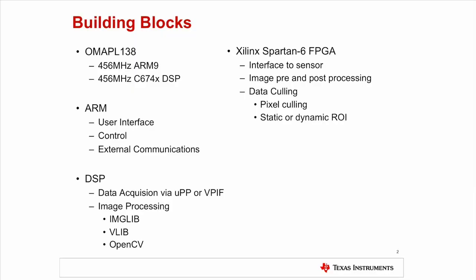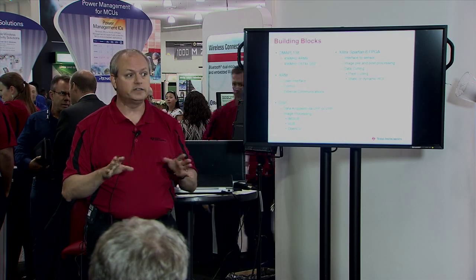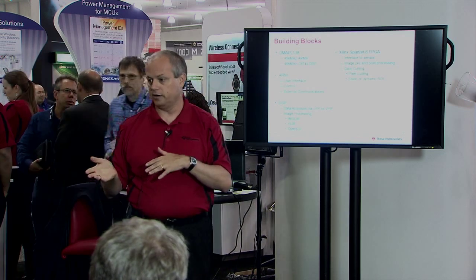When we move down to the DSP, initially it is going to be acquiring the image data via the uPP interface. The uPP is a universal parallel port interface that runs into the OMAPL138. It's a very convenient parallel port interface that is 16 bits wide at 75 megahertz, and there are two of those channels.